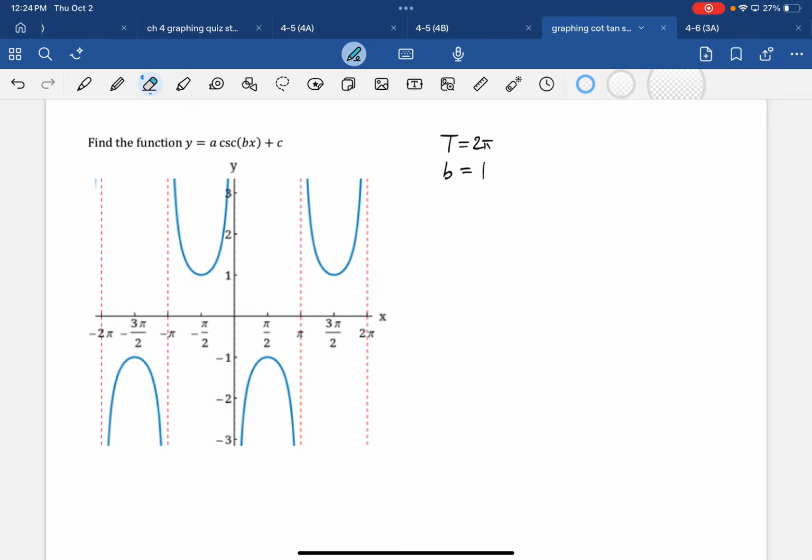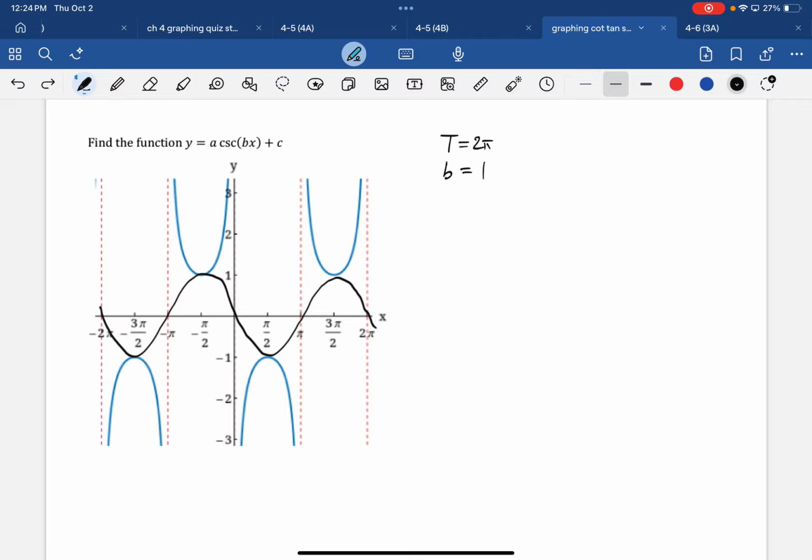Now I shall show you how to find a and c. The general trick is I draw where the original sine function would have been, by making it cross the x-axis whenever there is a vertical asymptote, and making it touch the cosecant graph tangentially. Then I find a and c based on this graph.